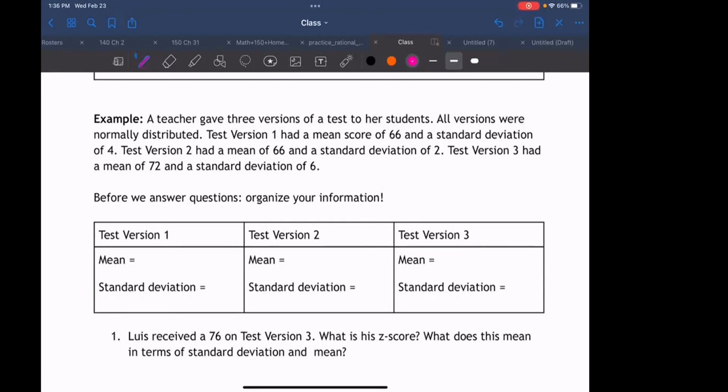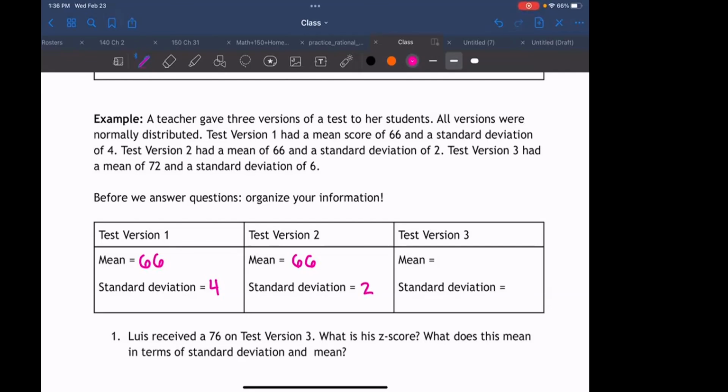It says that test version 1 had a mean score of 66, so under version 1, I'm just going to write 66, and a standard deviation of 4. Test version 2 has a mean of 66 and a standard deviation of 2.